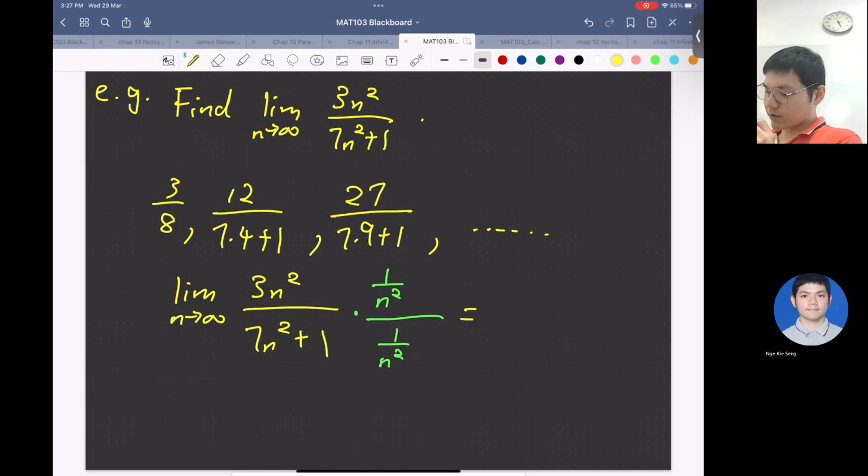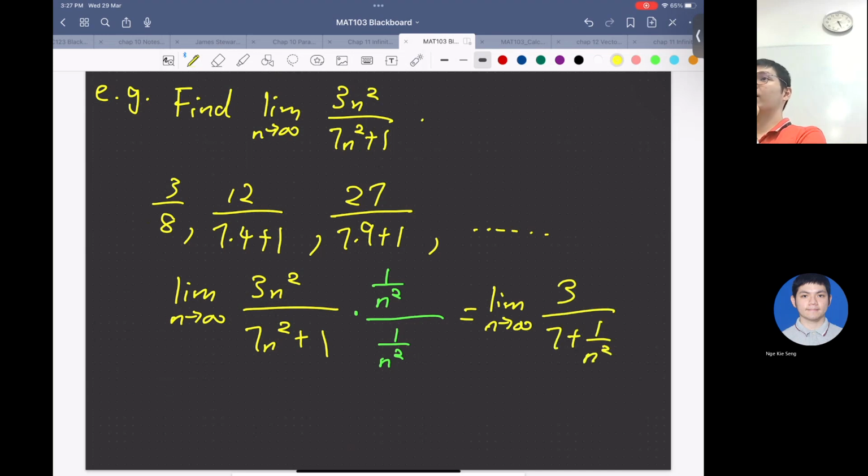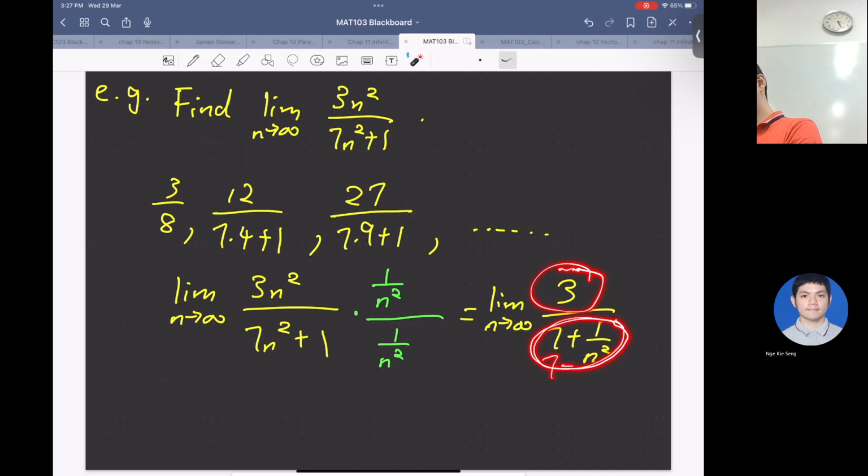So I multiply by 1 to the function, but I end up with a simpler case. I get 3 over 7 plus 1/n squared. In this case, the numerator becomes a constant sequence, and the denominator becomes 7 plus a converging sequence.